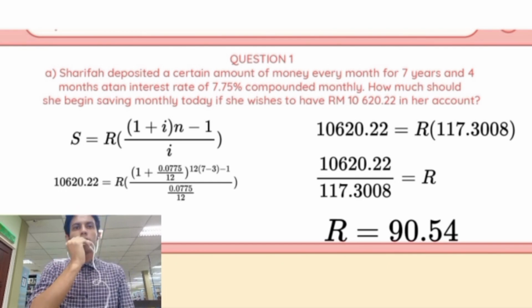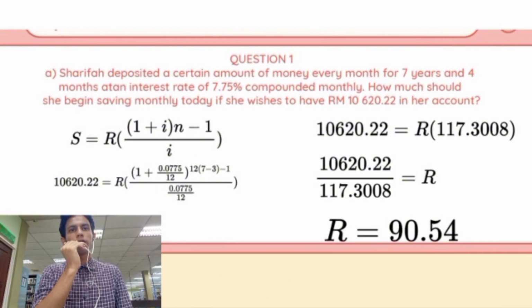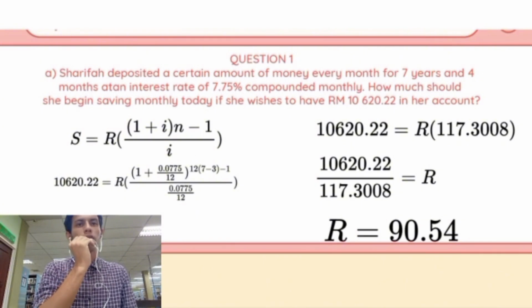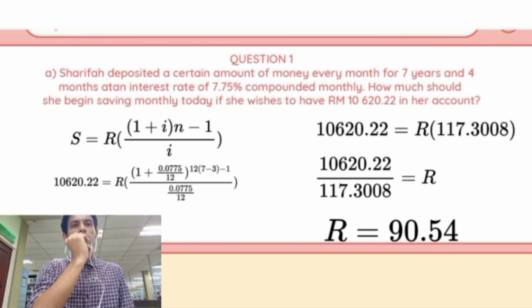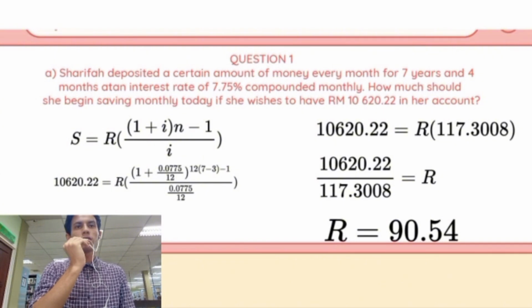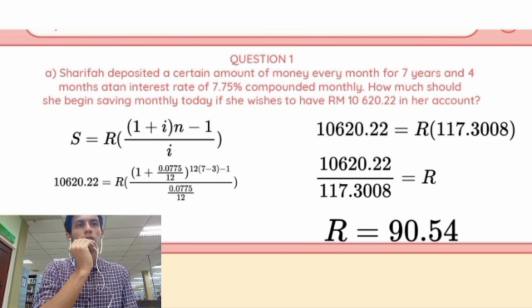10,620.22 equals R times [(1 plus 0.0775 divided by 12) to the power of 12 times 7.3 minus 1] divided by 0.0775 divided by 12, and then we will get 10,620.22 equals R times 117.3008.